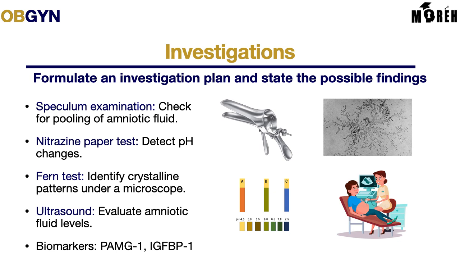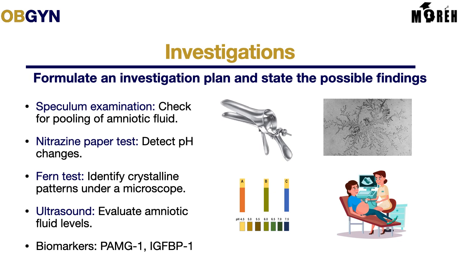So if we get a sample and test using what is known as AmniSure, a rapid test for placental alpha microglobulin 1, and it comes out positive, the sensitivity and specificity is about 95%.